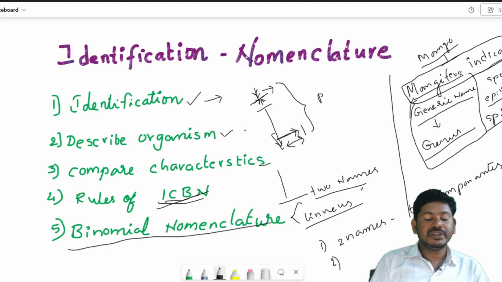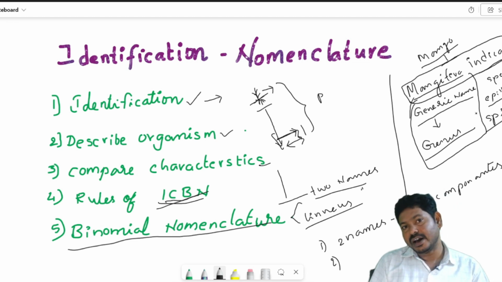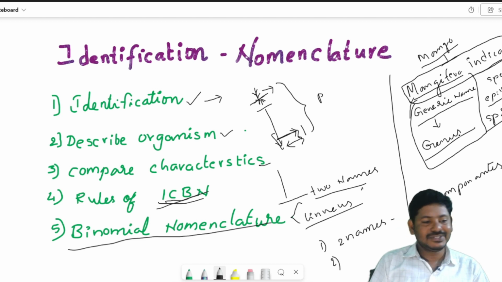The first and second components are originated from the Latin language.